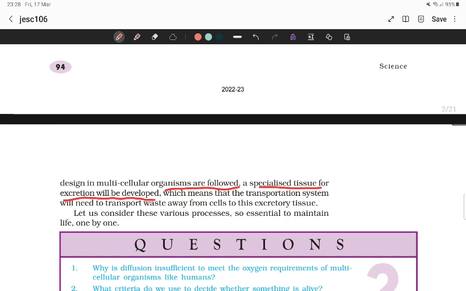Some small organisms like worms, like earthworms, may excrete out their waste through simple excretory organs. In the similar way, when we talk about unicellular organisms, or single cell organisms, simple diffusion will remove the waste from the body.